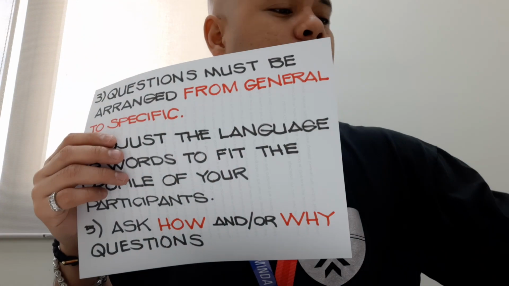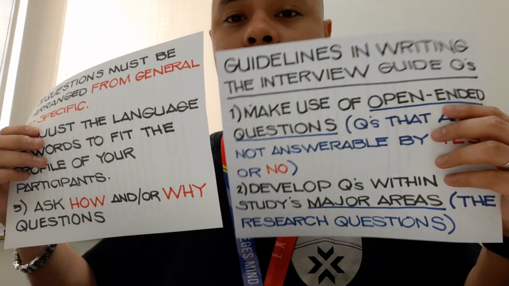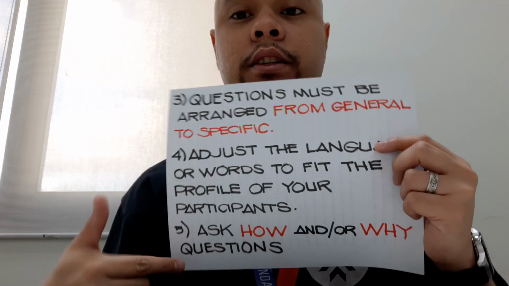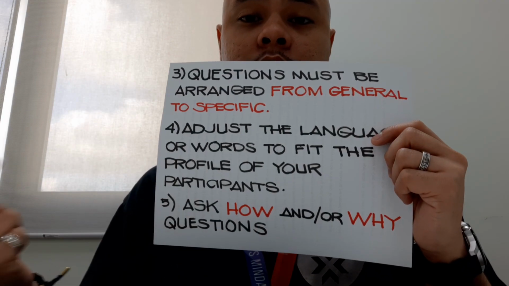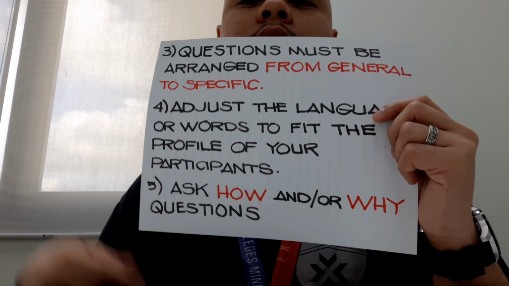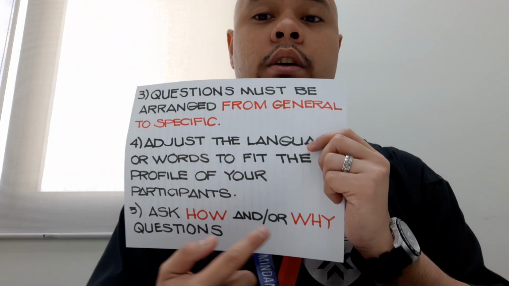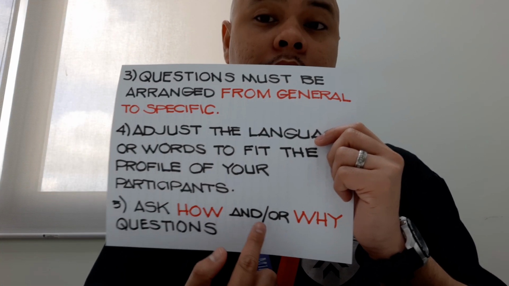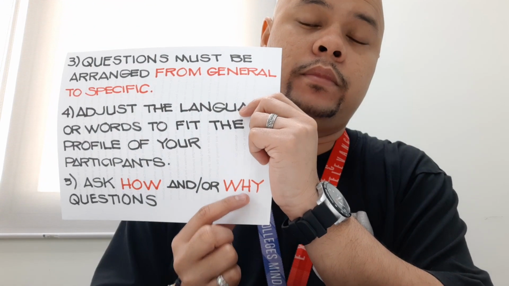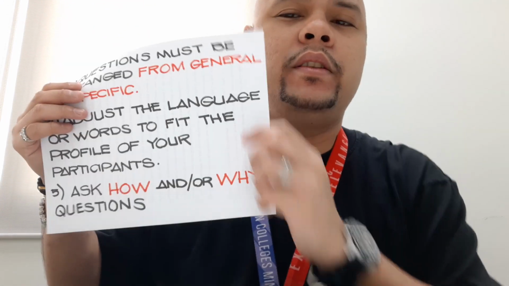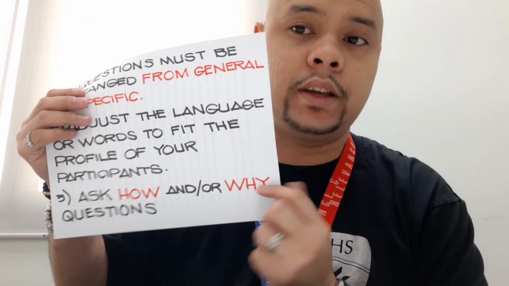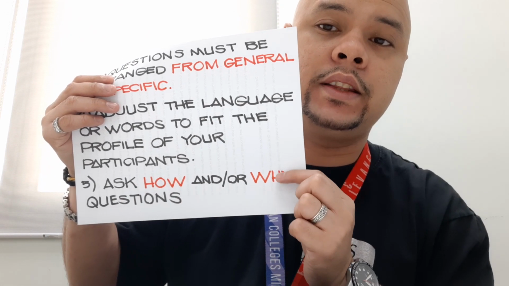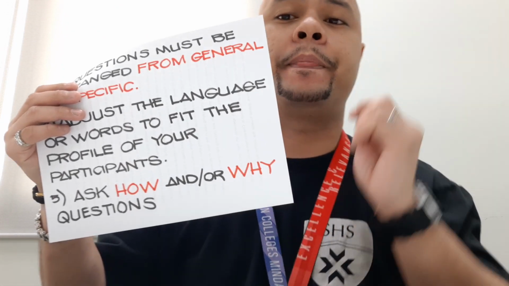Next, in order for you to ensure question number 1, open-ended questions, this is just a suggestion of the site. You might want to emphasize how questions and maybe some why questions, but with very little emphasis. Prioritize this type of questioning. Why?